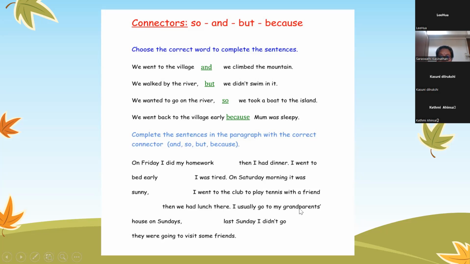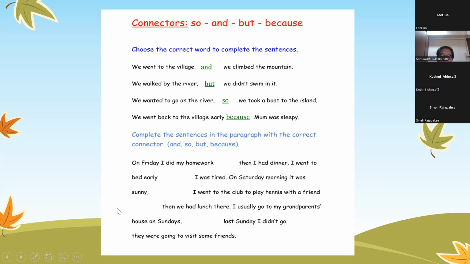I usually go to my grandparents' house on Sunday, dash, last Sunday, I didn't go. They were going to visit some friends. So these are the 4 words that you can use to fill up the blanks here. And, so, but, because. Okay. So now you read and you give me the answer.